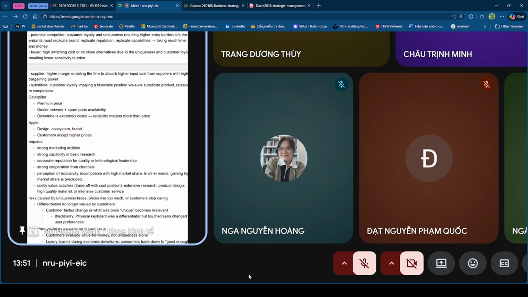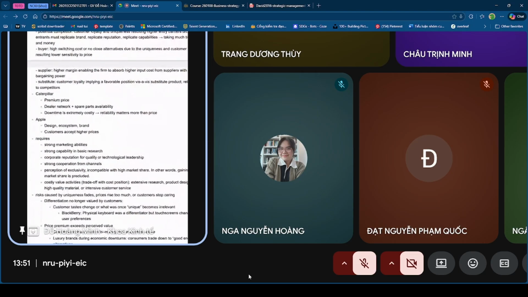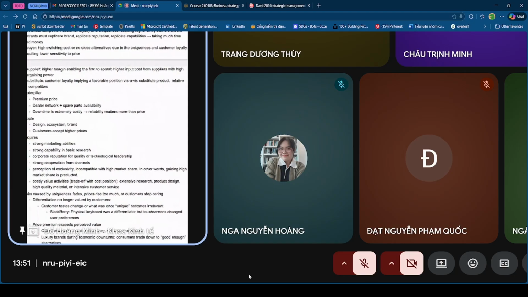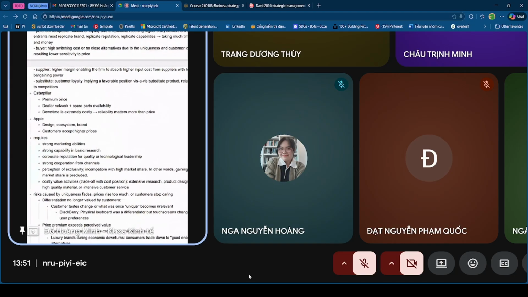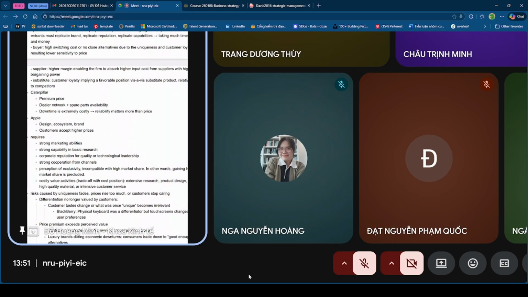Your product helps them to solve the problem best. So they will have high switching costs, and this will result in lower sensitivity to the price.